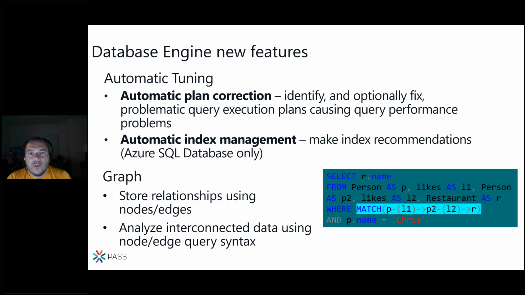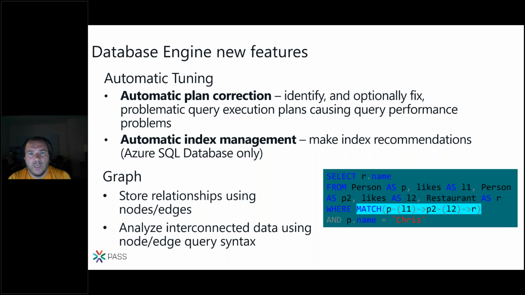Graph is something that we introduced in SQL Server 2017, and it is essentially a technology that allows you to store many relationships in a smarter way than using the traditional relational schema, where you have tables linked to each other using primary and foreign key constraints. Essentially, Graph allows you to model very complex networks.